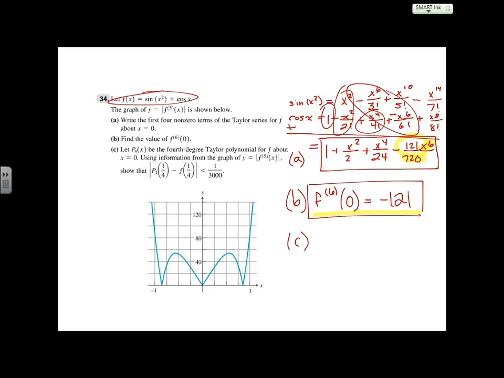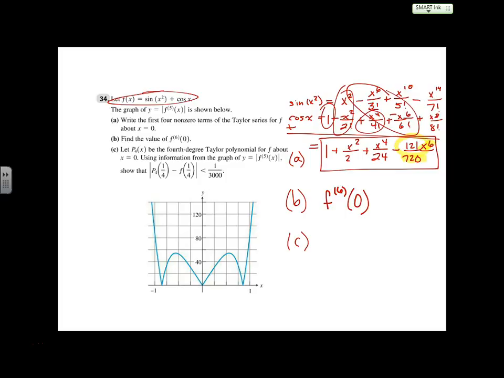Now, you guys got really confused yesterday with letter B, right? I get it now. No, it's negative 1. y is the sixth derivative of 0, negative 121. That's the pattern.